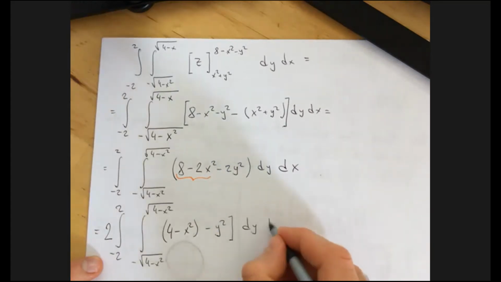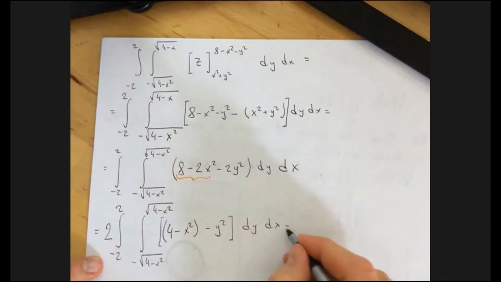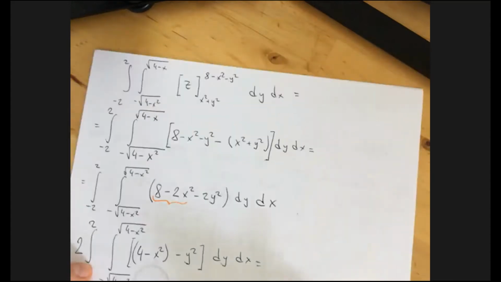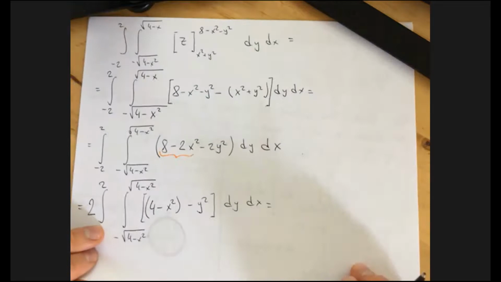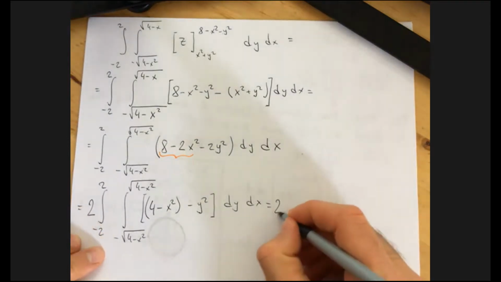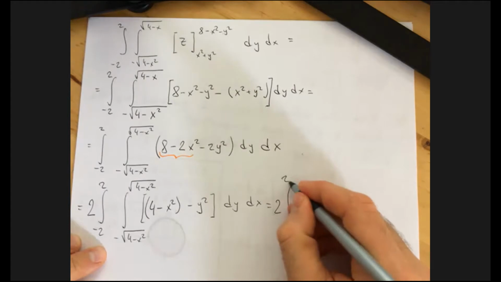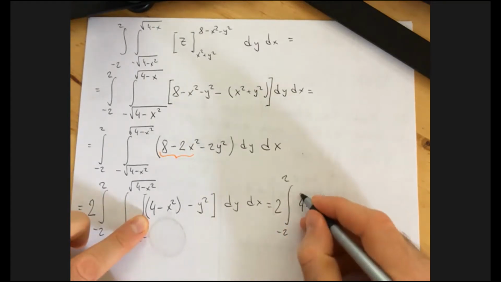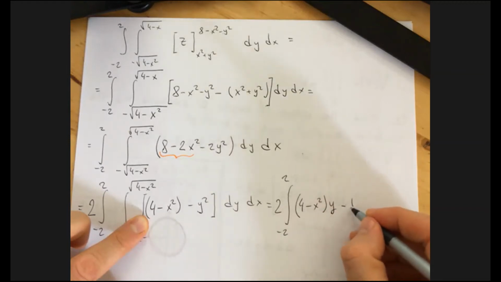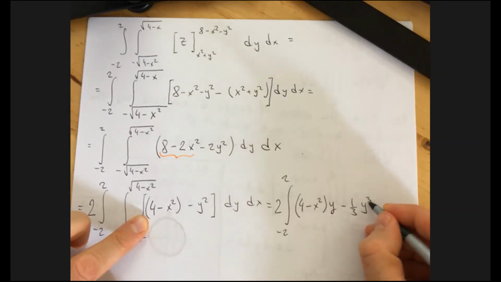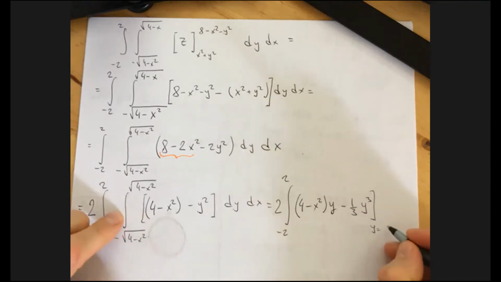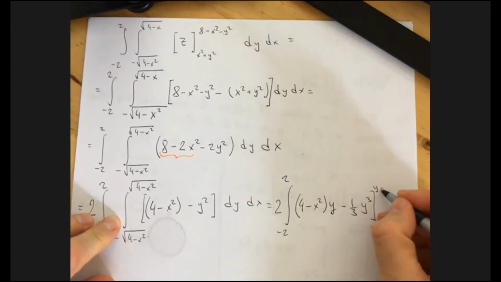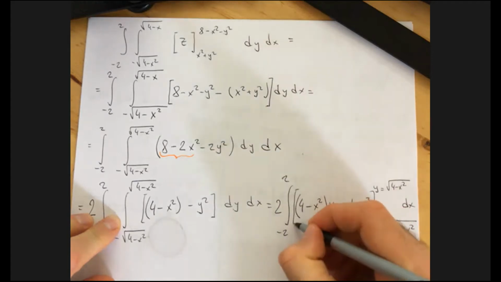And now I integrate it with respect to y. That's 2, negative 2 to 2. This is 4 minus x squared times y minus 1/3 y cubed. And now y runs from negative square root of 4 minus x squared to square root of 4 minus x squared, and finally dx.